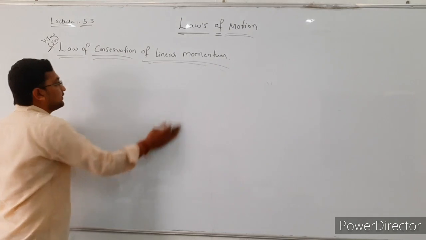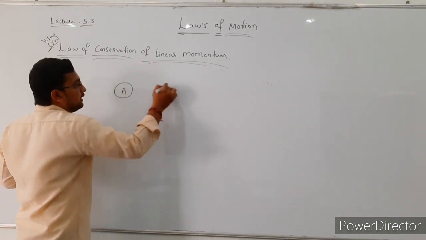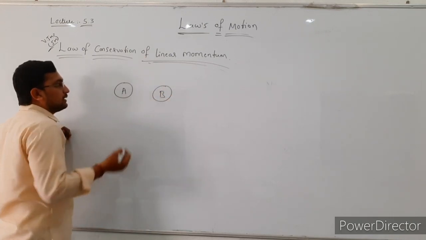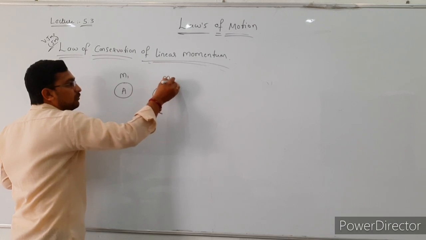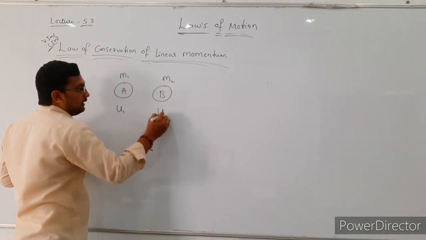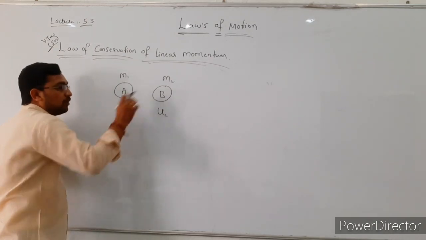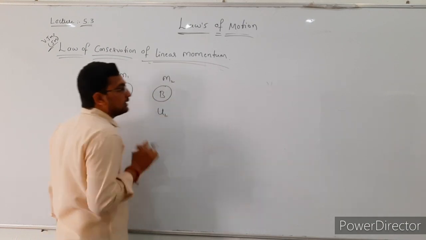Consider two bodies. Consider this is the first body A and this is the second body B. Let us assume the mass of the first body is m1 and the mass of the second body is m2, and u1 and u2 are the initial velocities of the first body and the second body. Both the bodies are moving in this direction.